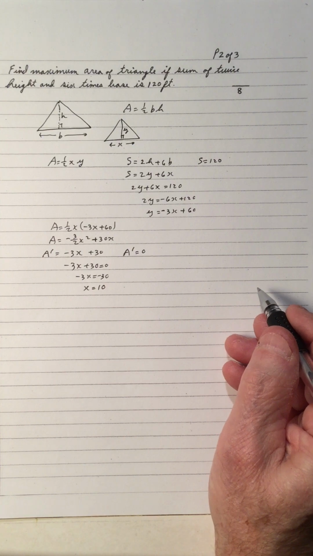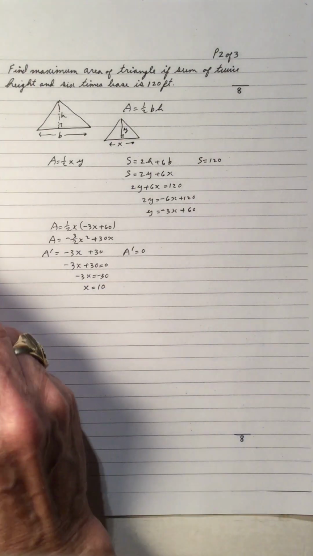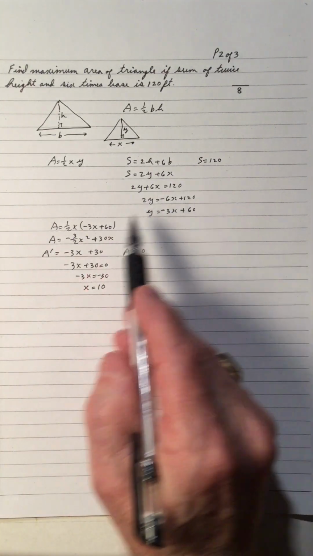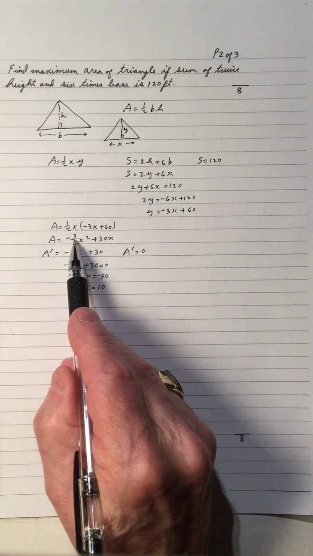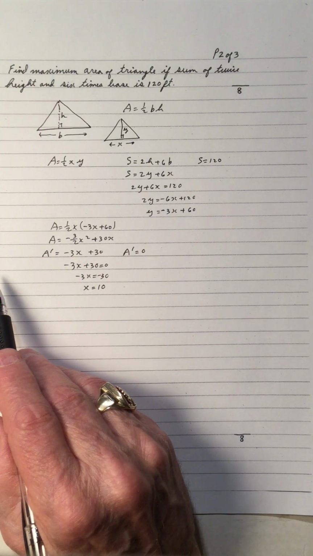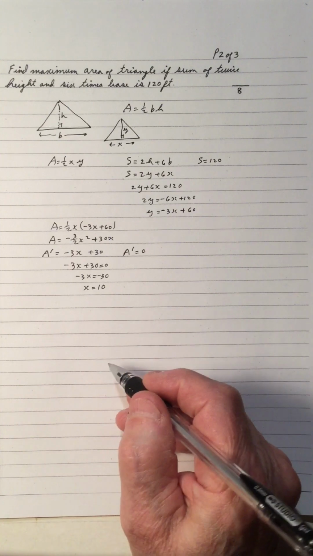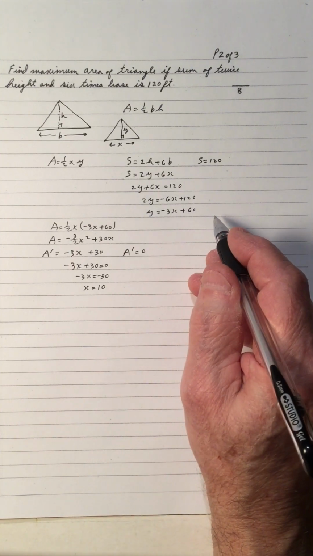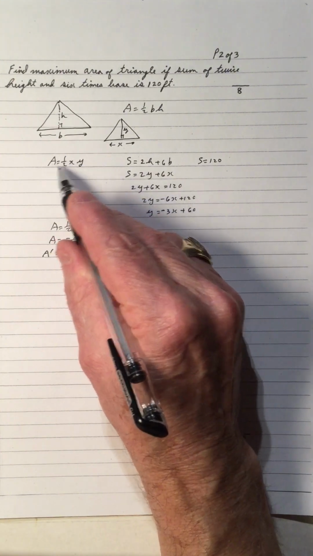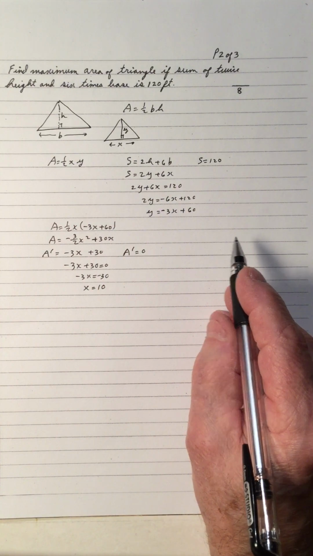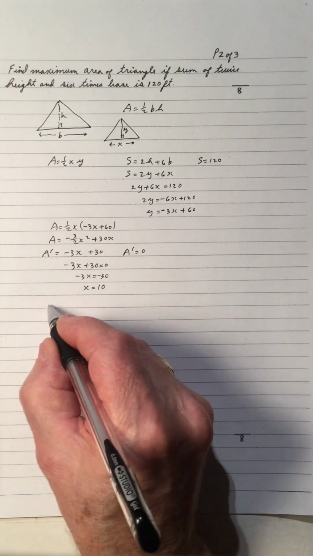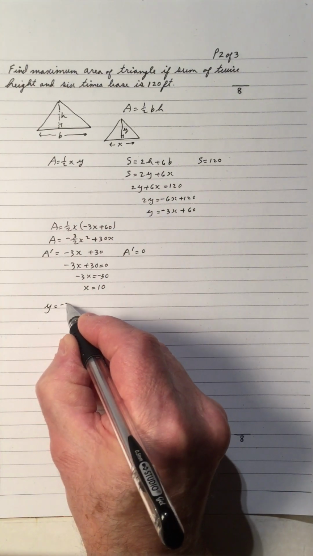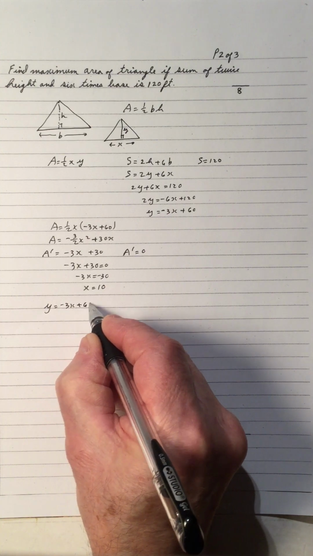So I have two choices. I can sub the 10 into right here and get the maximum area, or I can get y and then multiply using this formula to get the area. Either way. So y is negative 3x plus 60.